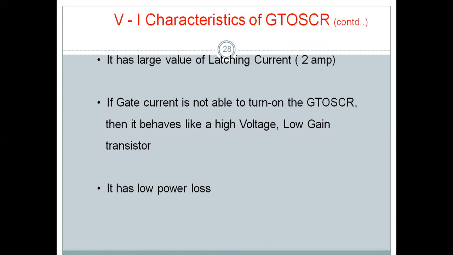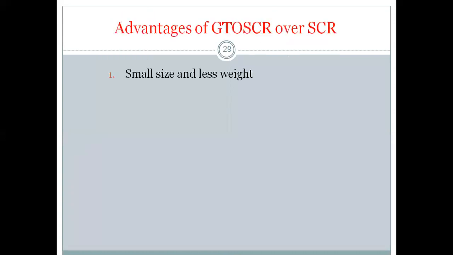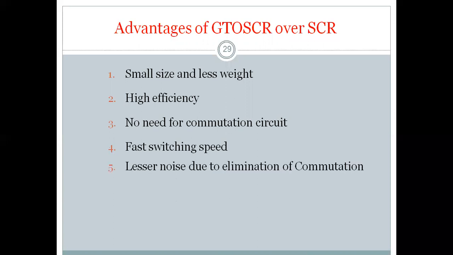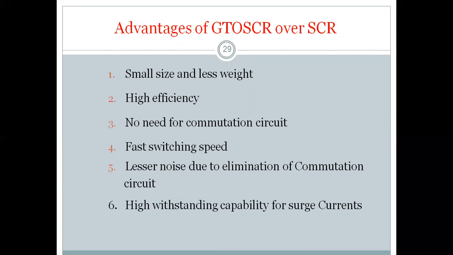It has low power loss, small size and less weight, high efficiency, no need for commutation circuit, fast switching speed, lesser noise due to elimination of commutation, and high withstanding capability for such currents.